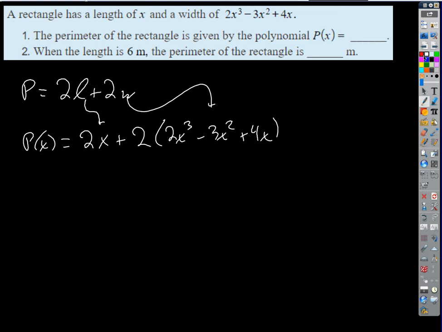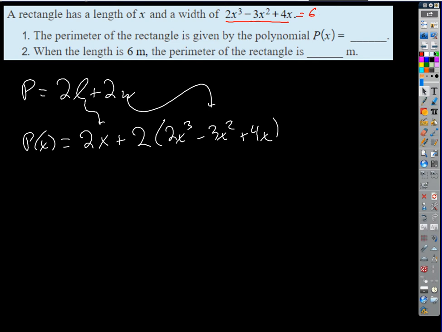Okay, good. I'd have to set the whole perimeter expression equal to 6 and solve for x. I might get multiple solutions, so there might be multiple ways that could happen, theoretically, okay? Geometrically, it may not pan out that way, but theoretically it might, okay?